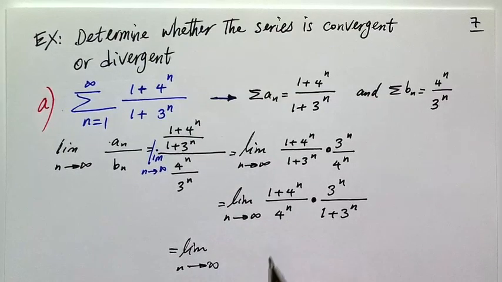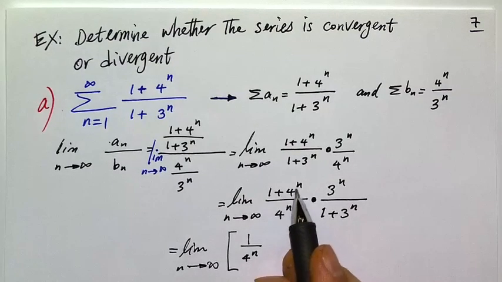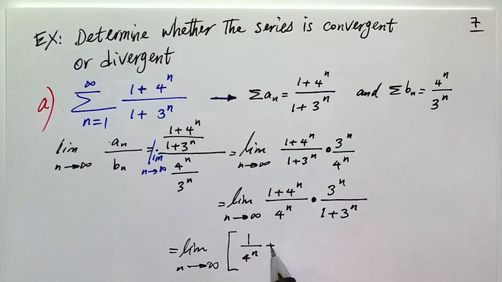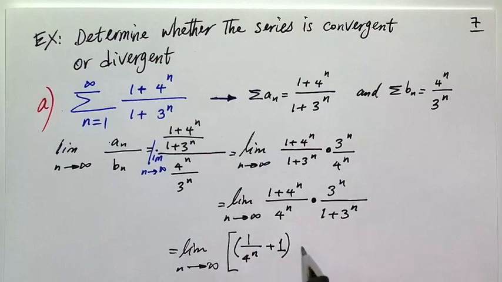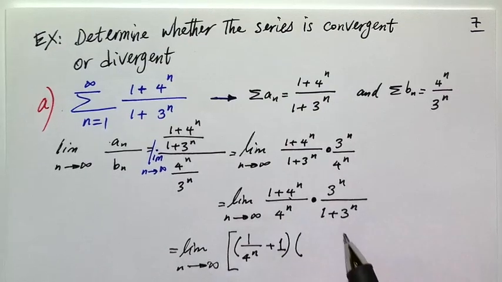So 1 divided by 4 to the n, and then plus 4 to the n divided by 4 to the n, we get 1. I rewrote this as that. Now it's easier to apply the limit.